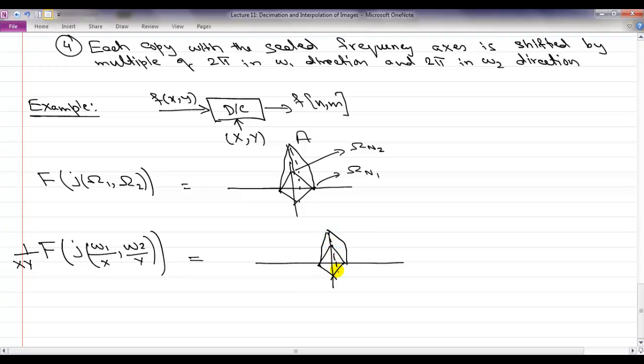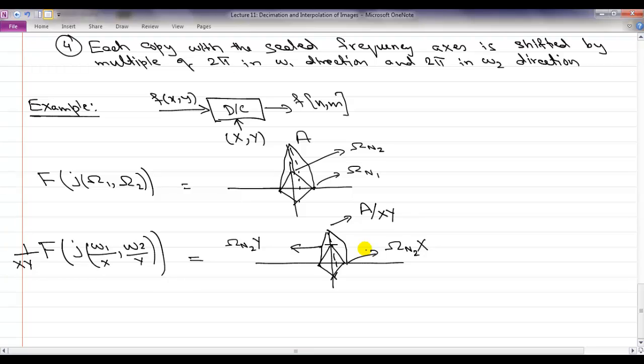So if this was my pyramid, the height of this thing now becomes 1 over xy. Now we are in little omega 1, little omega 2 axis. This point gets multiplied by capital X, and this point here gets multiplied by capital Y.